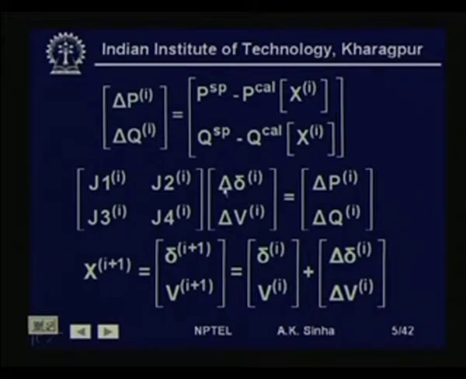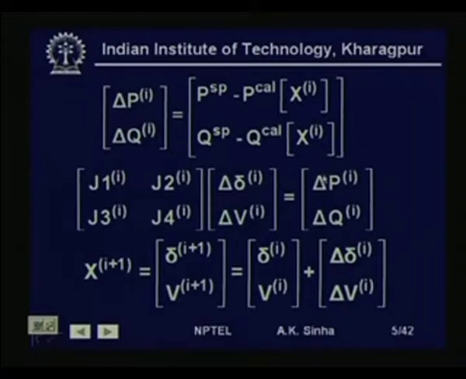So, the state variables delta delta and delta V are solved using this relationship, where J 1, J 2, J 3, J 4 are the submatrices of the Jacobian matrix. J 1 is del P by del delta terms, J 2 is del P by del V terms, J 3 is del Q by del delta terms, and J 4 is del Q by del V terms.